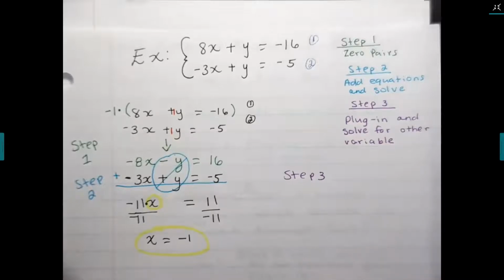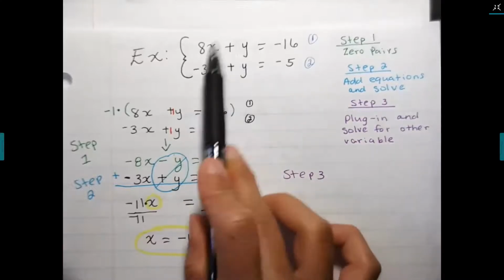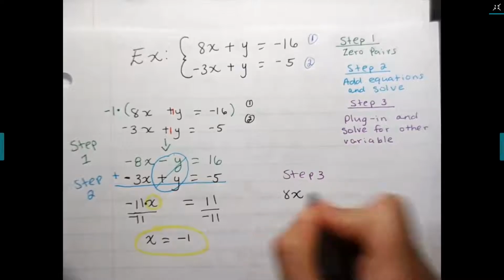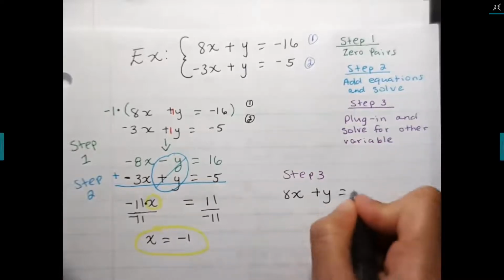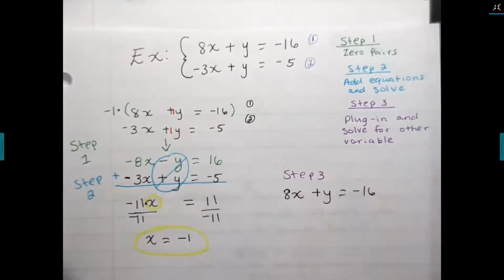So I'm just going to plug it back into my first equation just because everything here with the variable is positive, so that usually makes things easier. 8x plus y equals -16. And I always just bring over the original equation first, and then I substitute.